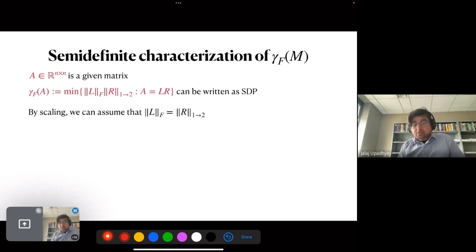First of all, I can scale my matrices L and R by some constants to make sure that the Frobenius norm of L and the column norm of R are the same. That goes without any problem.